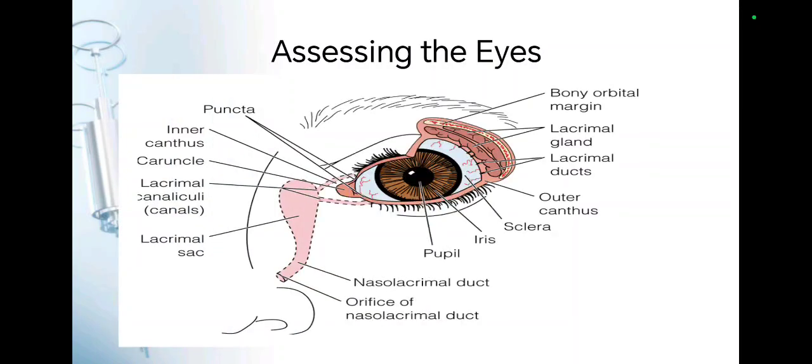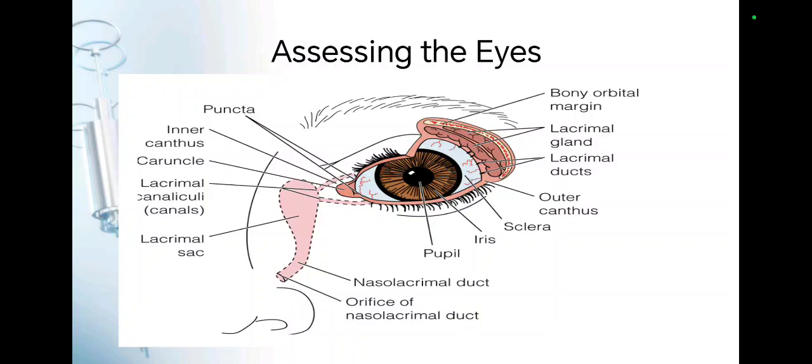Now, for assessing the eyes, the eyes are used for the sense of vision. These are the different parts of the eye: the inner canthus, the lacrimal sac, the lacrimal gland, the nasolacrimal duct, the bony orbital margin, the outer canthus, the sclera, the iris, and the pupil.